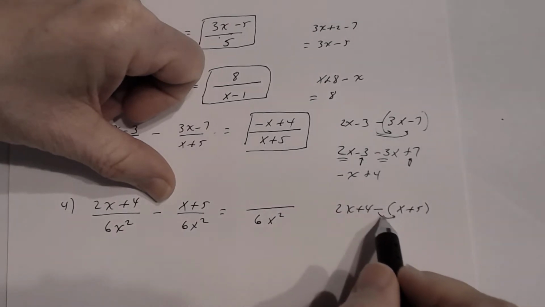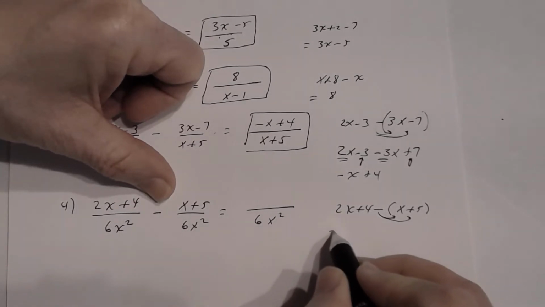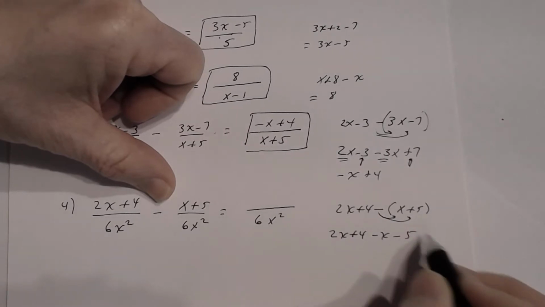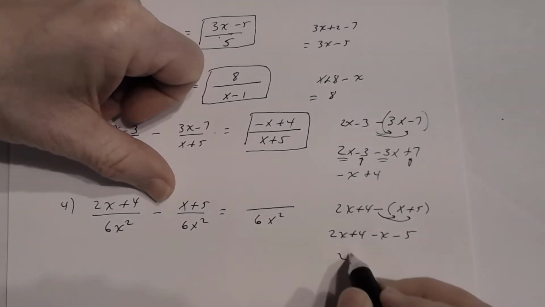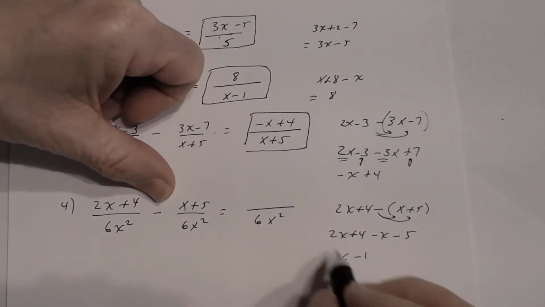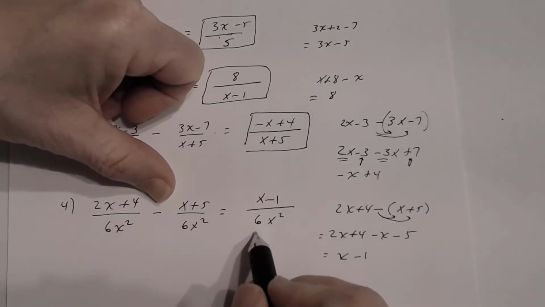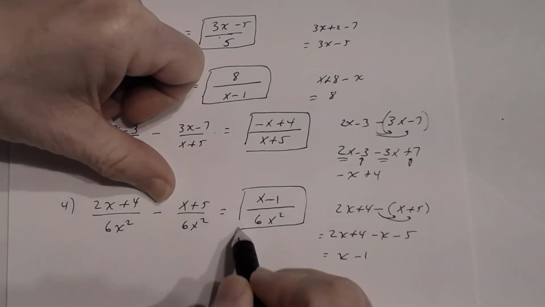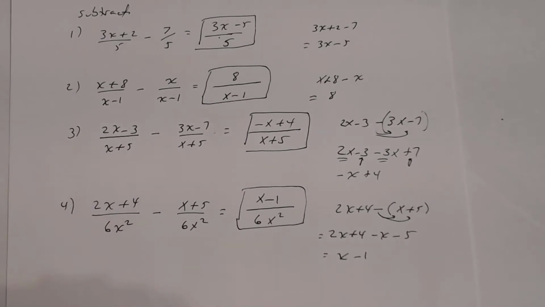And now you're going to get rid of the parentheses just like you did in previous lessons or previous courses. And so you get 2x plus 4, subtract x, and then minus 5. And then combine like terms, 2x and a negative x is x, 4 and a negative 5 is a negative 1. And so that's the numerator. So this becomes x minus 1 divided by 6x squared. And I can't factor that and I can't reduce it. So that's your answer.